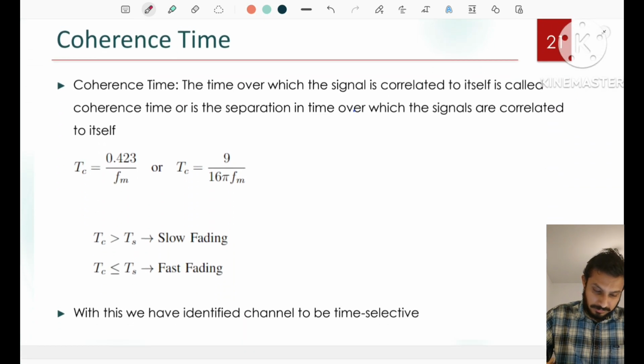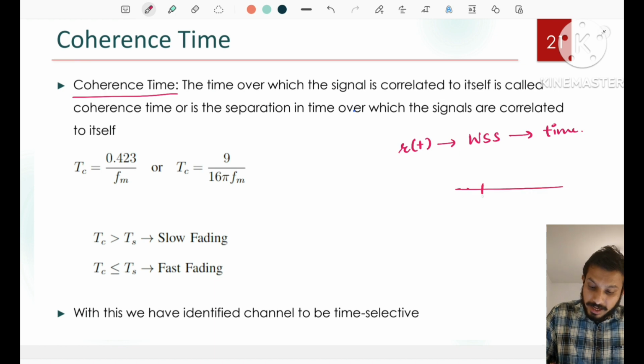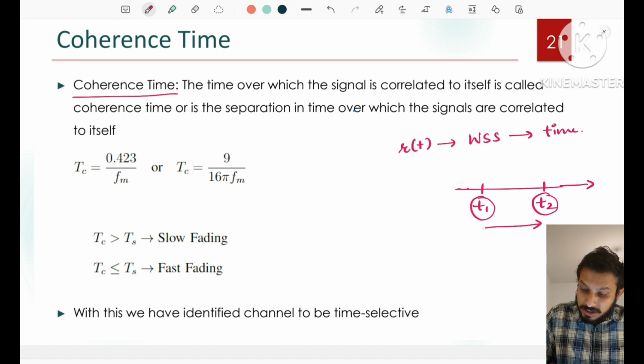This we know, we assume this R(t) to be wide sense stationary. That means it is independent of time. So the coherence time does not depend on the exact time of the signal. Let's say this is the time axis and we have T1 and T2. The coherence time does not depend on this T1 and T2, but instead it depends on the difference between T1 and T2.